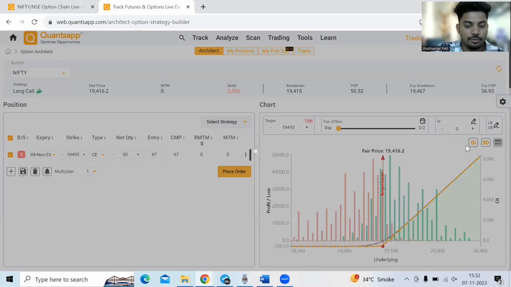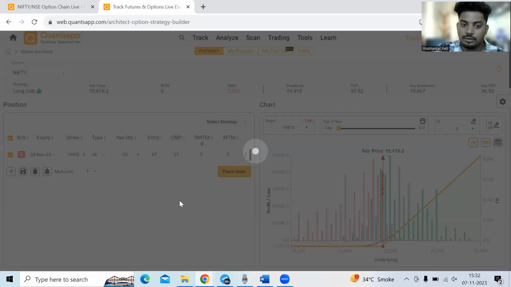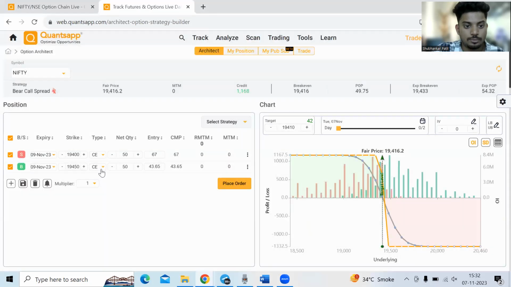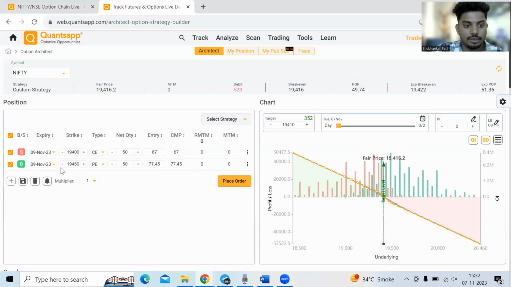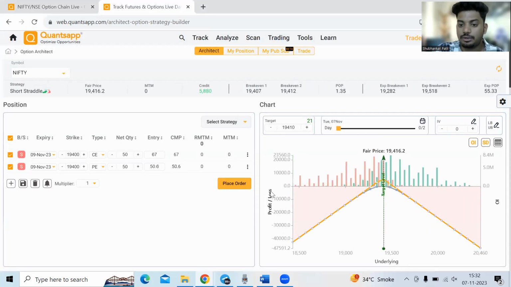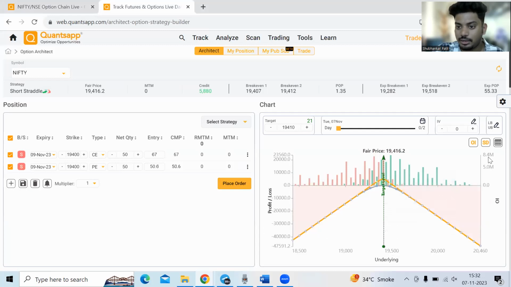So let's say I have sold this, and one more leg I wish to add is the 19,400 put option, and sell it. Again, why am I doing this? Because I'm expecting the market to remain sideways, so I'm selling a call option and selling a put option.